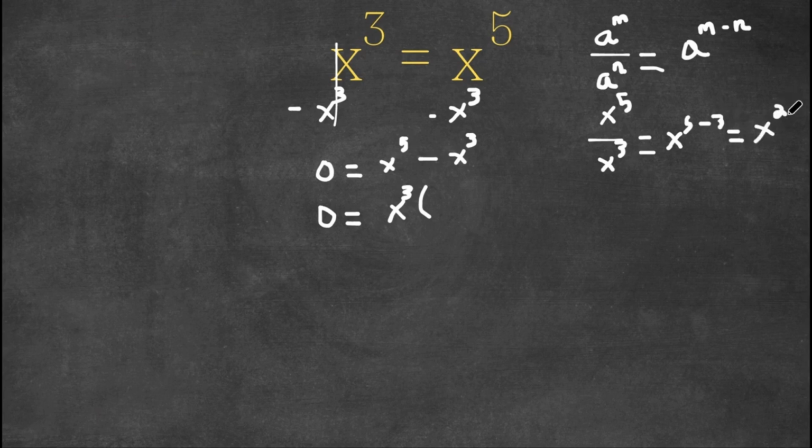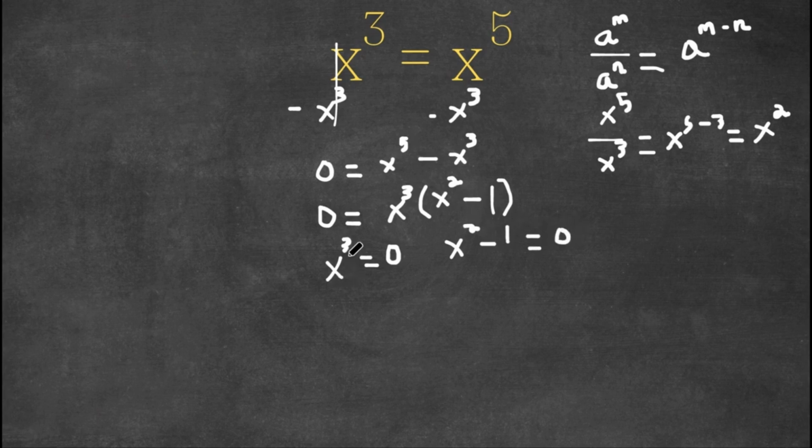So we have x to the power of 3 times x squared minus x to the power of 3 divided by x to the power of 3 is simply 1, because anything divided by itself is 1. So now we have two equations actually from this. We have x to the power of 3 equals 0, and x squared minus 1 equals 0.